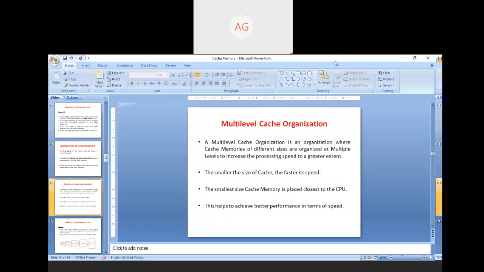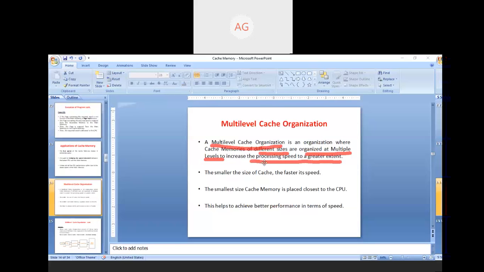Next comes the concept of multi-level cache organization. A multi-level cache organization means more than one cache is present in the organization. It is an organization where cache memories of different sizes are organized at multiple levels to increase the processing speed to a greater extent.